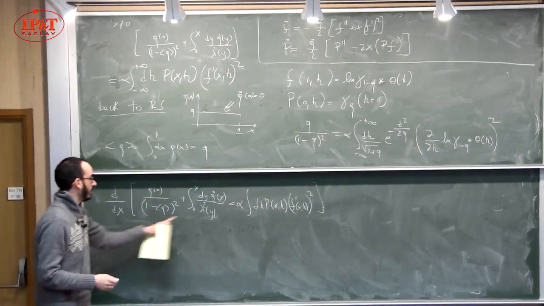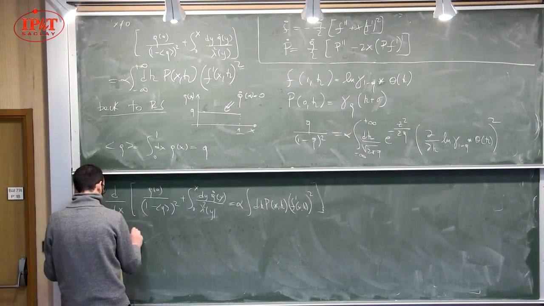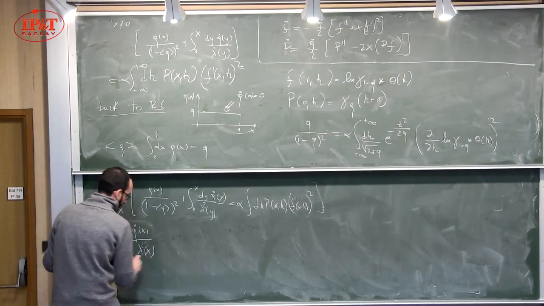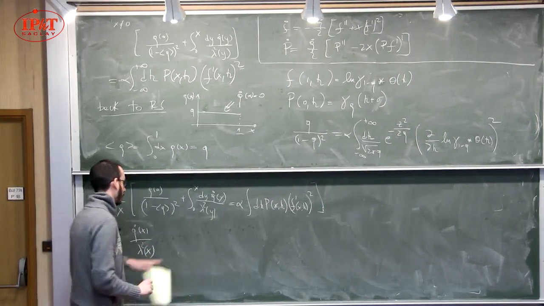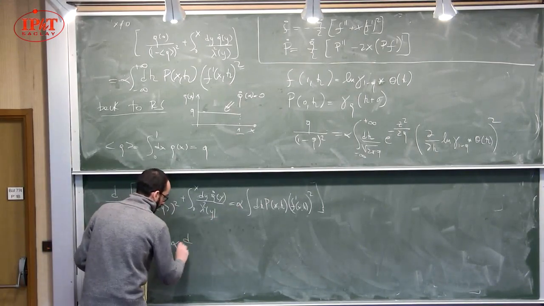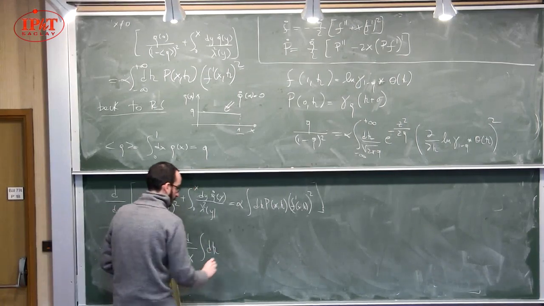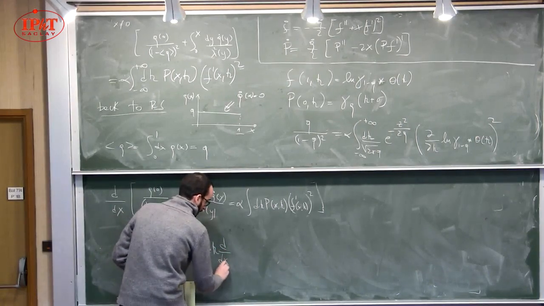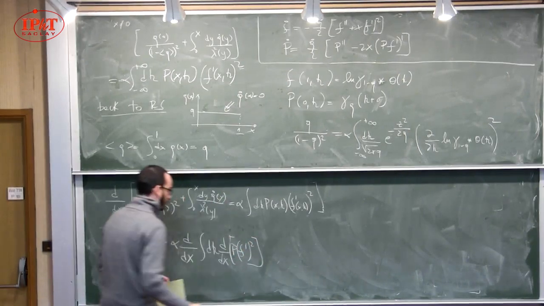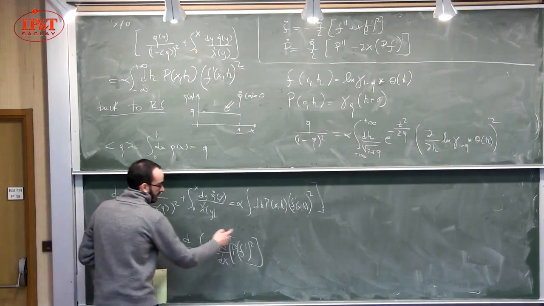Okay, so the derivative of this is just, you can show that it's just q dot. And then you have this. Now you see that you have again this structure.